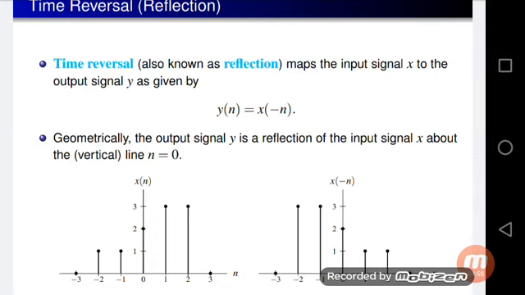Geometrically, the output signal y is a reflection of the input signal x about the vertical line n equal to 0. So the output signal y is a reflection of the input signal x, and both input and output signals are different. So that's why the wave is shifted from left to right or right to left.